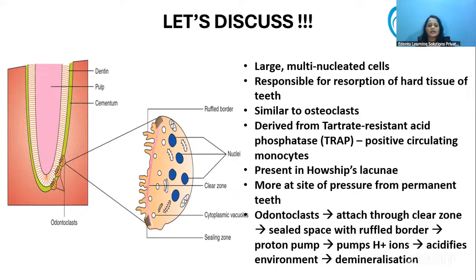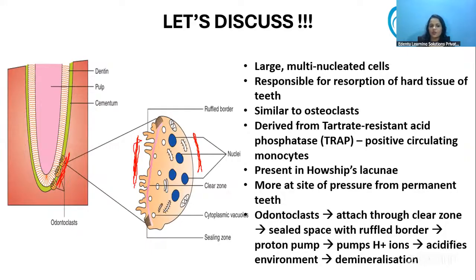During the tooth resorption time, what the odontoclasts do is that they get attached to the root surface. If you look at the structure of this odontoclast, it has a smooth surface at one end, and at the other end it has a ruffled border.